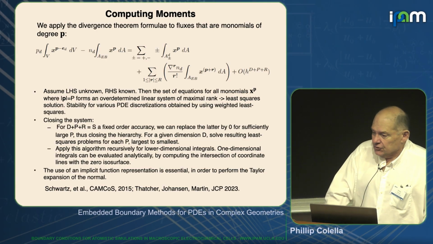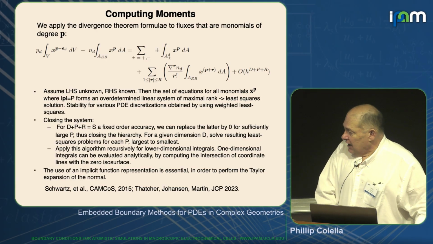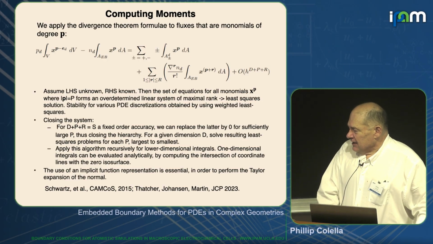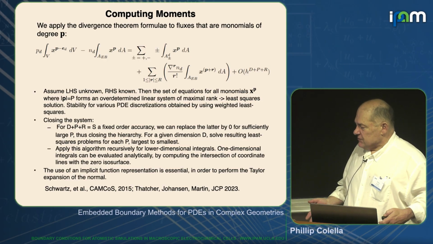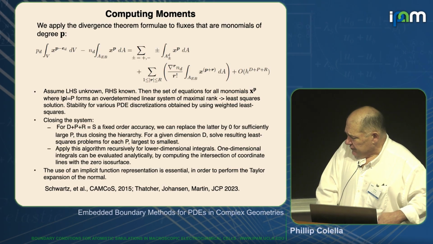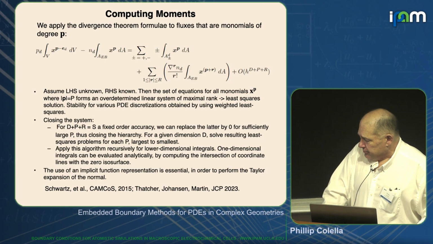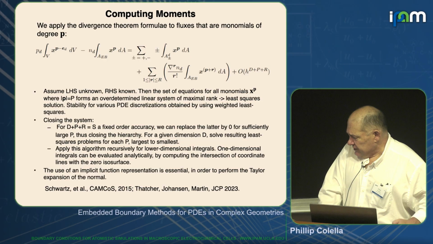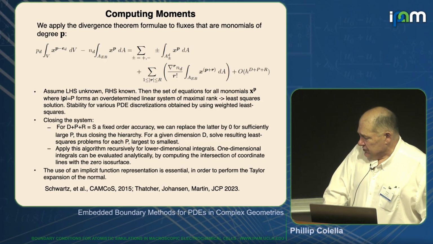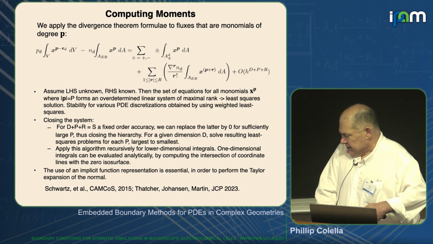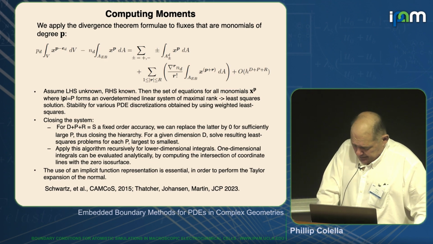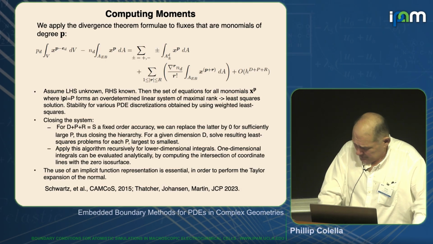The fact that we can do Taylor expansions of phi is what makes all of this feasible. And there are two flavors of this we developed. One was a paper in CAMCoS 2015. And I think the cleanest version of this is due to Hans Johansson, and there's a discussion of it in the JCP paper 2023.